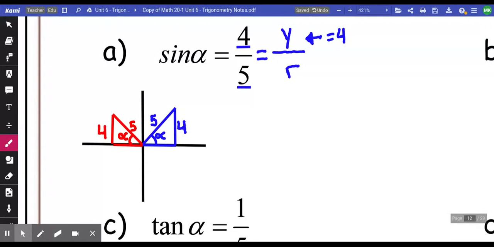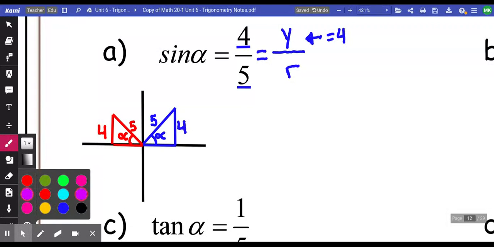That means that this ratio could be in quadrant 1 or 2. Because we have no other information about this ratio, we have to accept both answers.